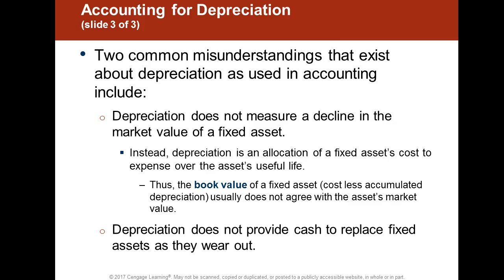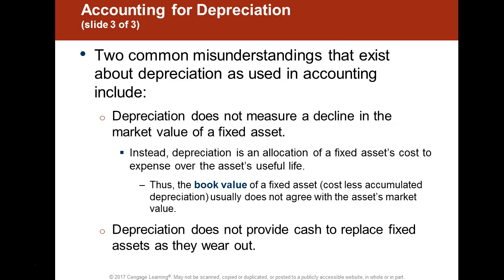One of the things we need to make certain is we're not talking about the value of that property going down. We're talking about how that particular property is being used, and how we depreciate it is going to be how we allocate that asset's use, not its value.